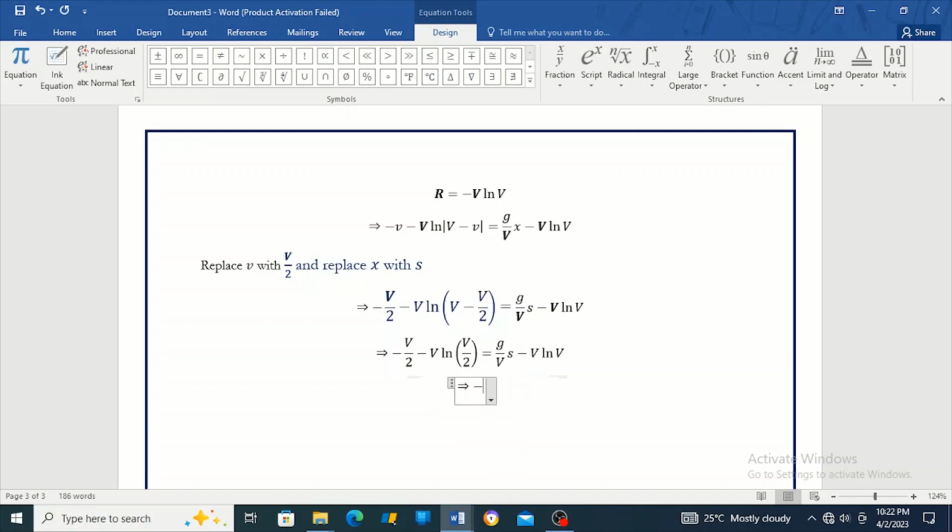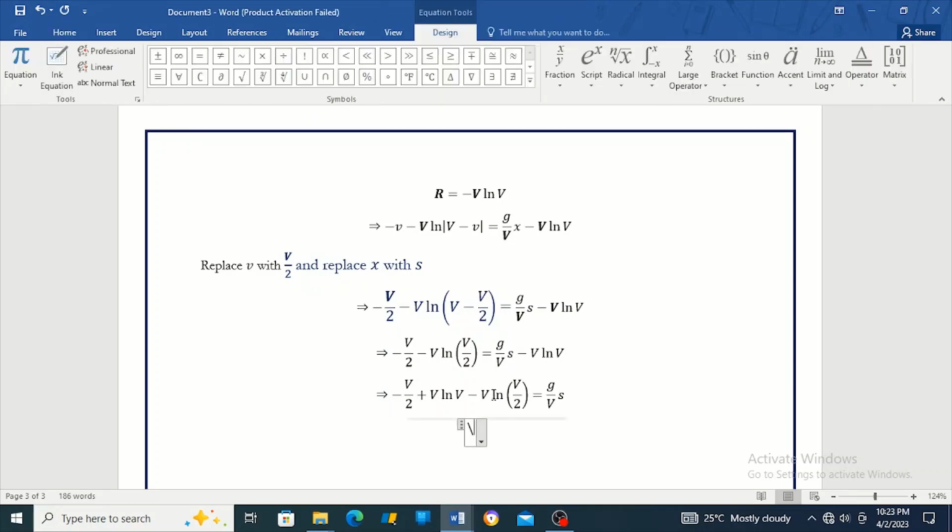If I bring this one to this side, it's going to be plus V times the ln of V, then minus V times the ln of V on 2 to be equal to g on V times s.